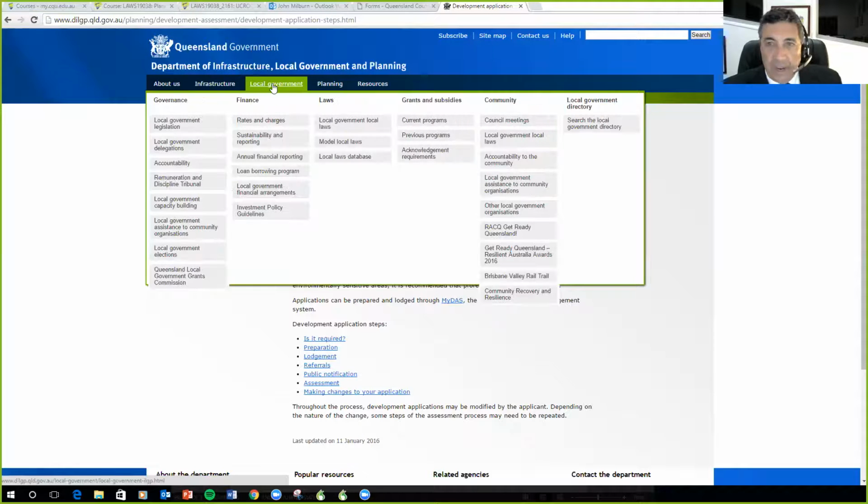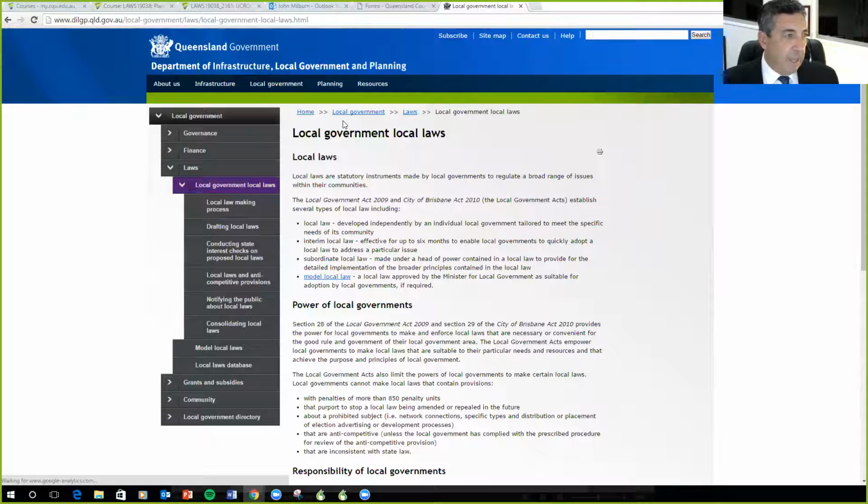Now, if we go to the bands across the top, I've mentioned briefly infrastructure. I'll now go to local government, and under the heading of local government, you'll see that there's information about laws, and I'd refer you to local government, local laws, which is delegated legislation, and it's to do with statutory instruments by local government. We talked about that last week.